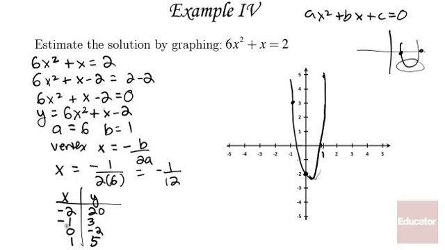I know that when I have an x value of negative 1, y is positive. And then when I have an x value of 0, y is negative. That means that somewhere between negative 1 and 0, this graph crossed the x-axis. Therefore, I have a solution right here.